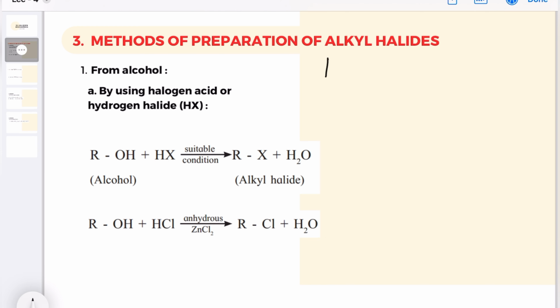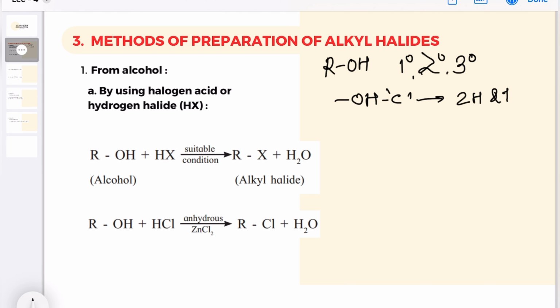Alcohols are the compounds denoted by the symbol ROH. Alcohols may be primary alcohols, secondary alcohols and tertiary alcohols. What is meant by primary alcohol? When the OH group containing carbon atom contains 2 hydrogen and 1 R group, it is called a primary alcohol.